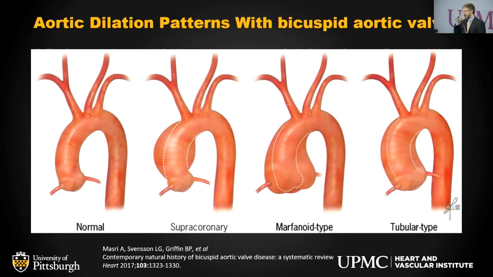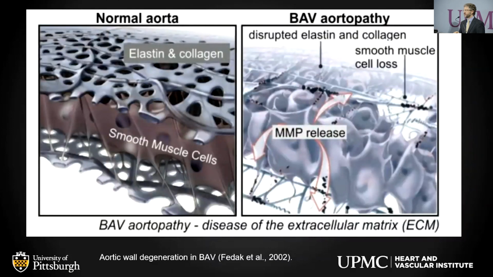As we described, aortic dilatation patterns can be variable, and the question is always, why does this occur? Having heard from a geneticist, one of the questions is, why do we even have bicuspid valves at all? And clearly there is some genetic predisposition. There is a major theory here that extracellular matrix is the problem.